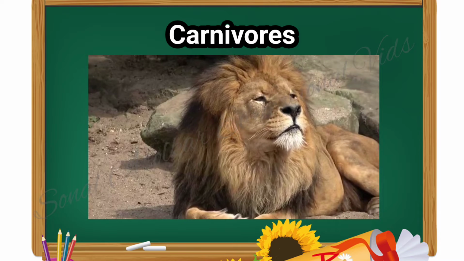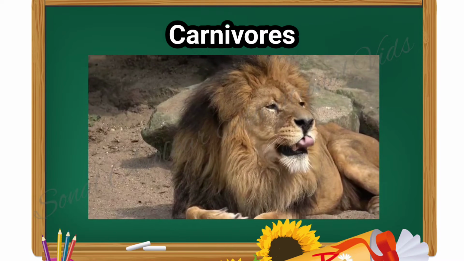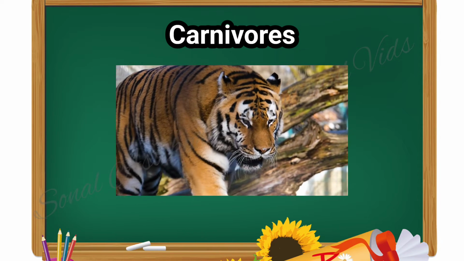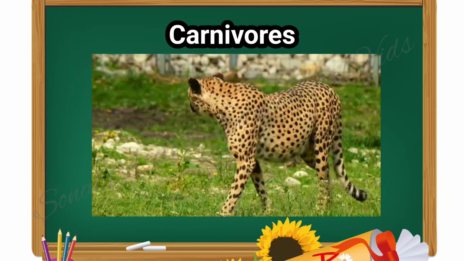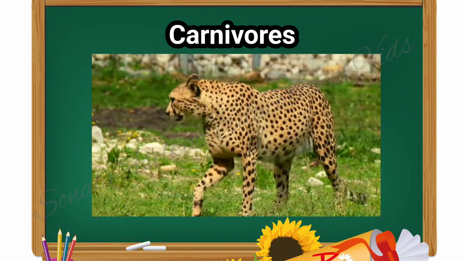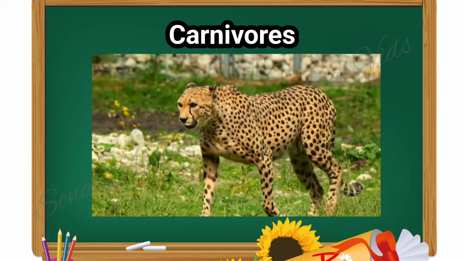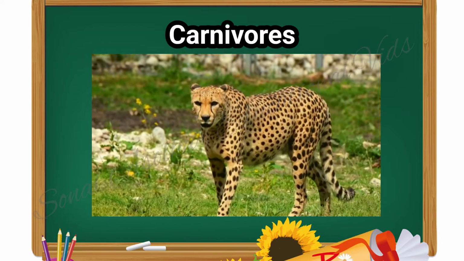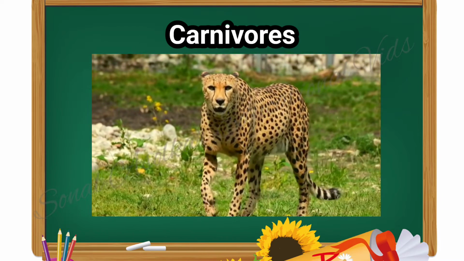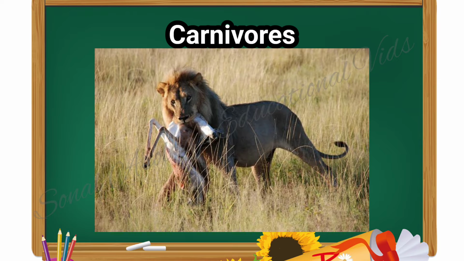So now we should know about the carnivores. Carnivores like lions, tigers, and leopards eat the flesh of other animals. They are meat eaters and play a role in the food chain by consuming other animals. Carnivores are organisms, primarily animals, that obtain their nutrition by consuming other animals.